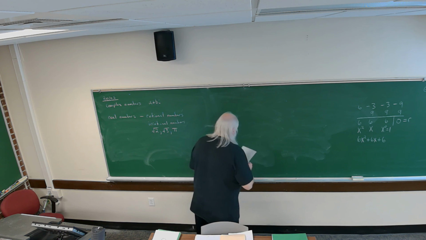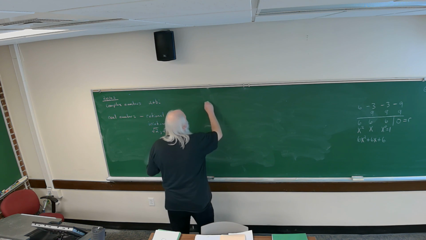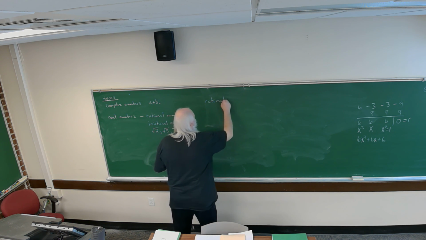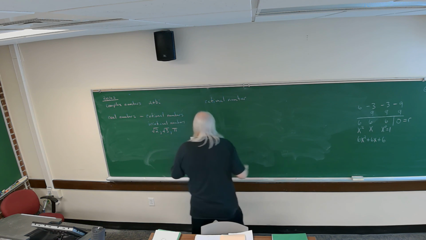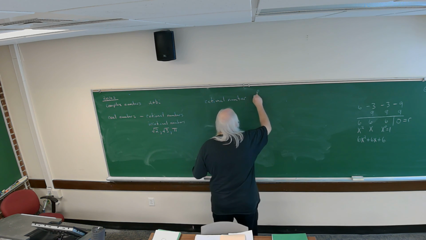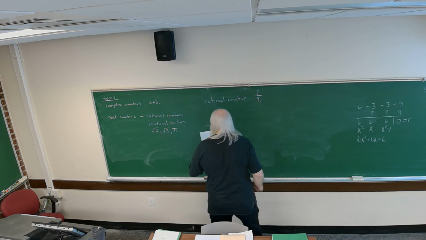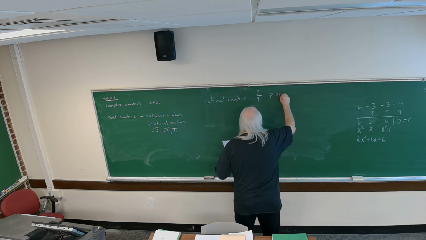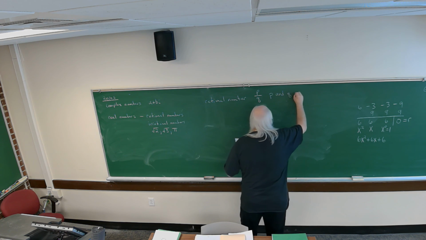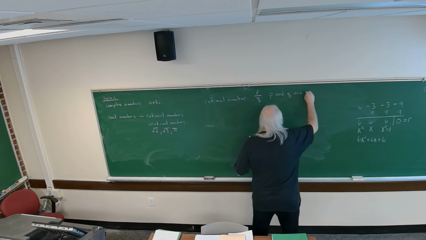So a rational number, as she pointed out, is a fraction, but more specifically, a fraction of the form p over q, where p and q are integers.